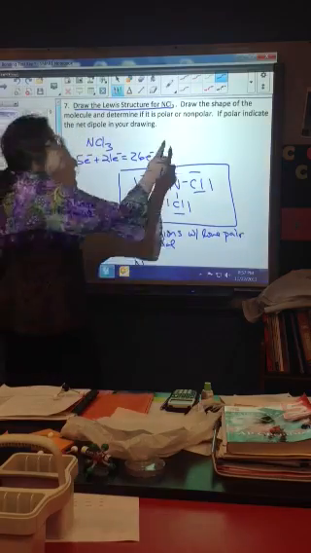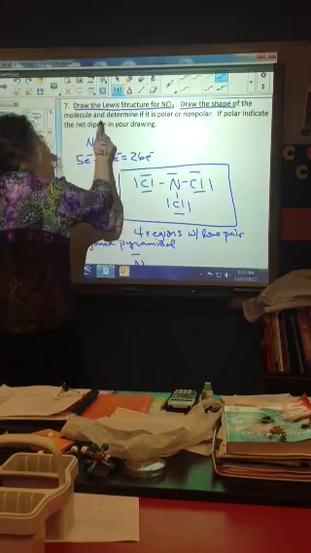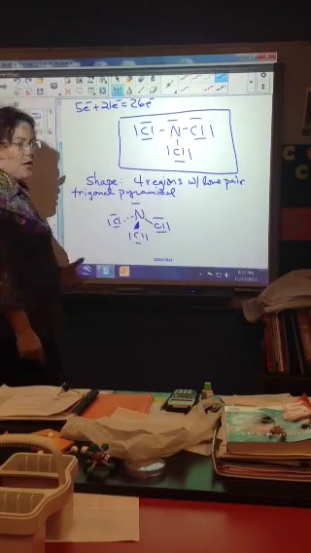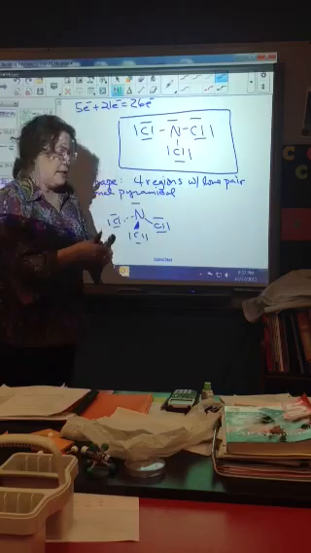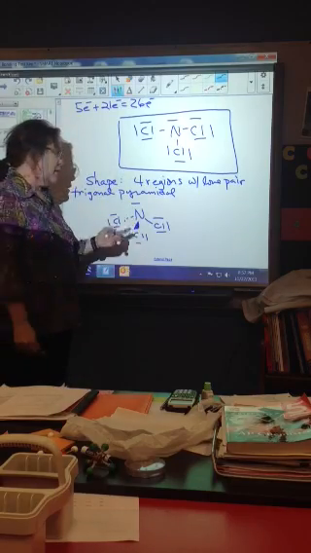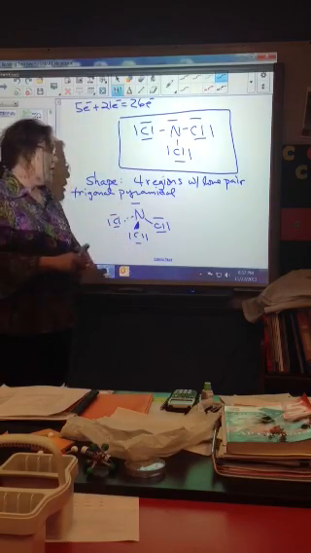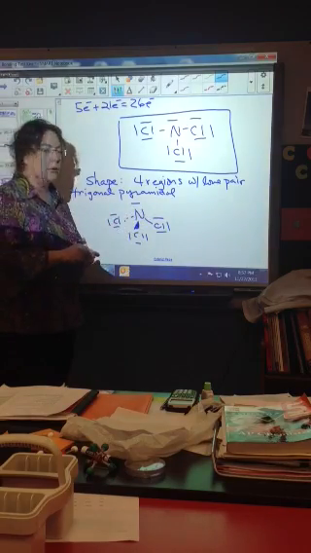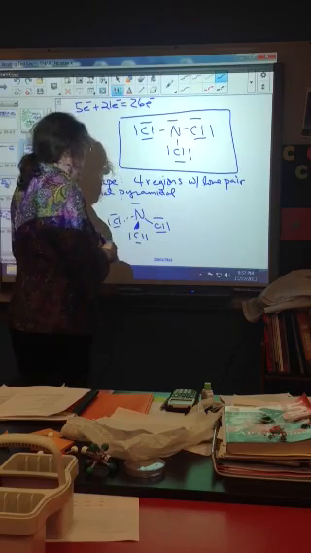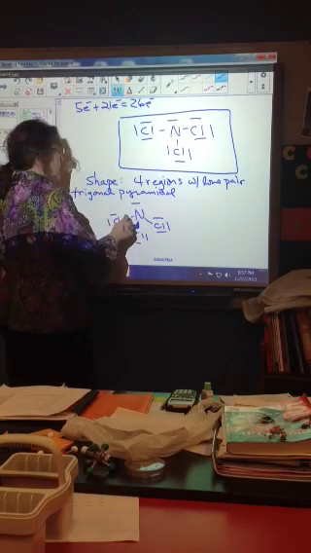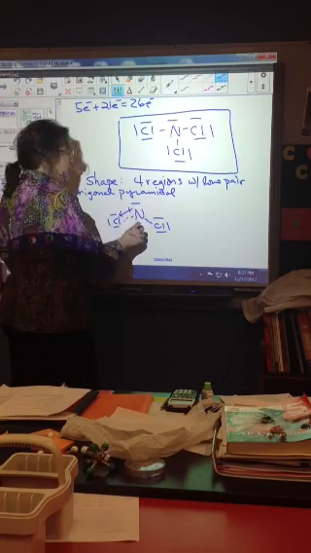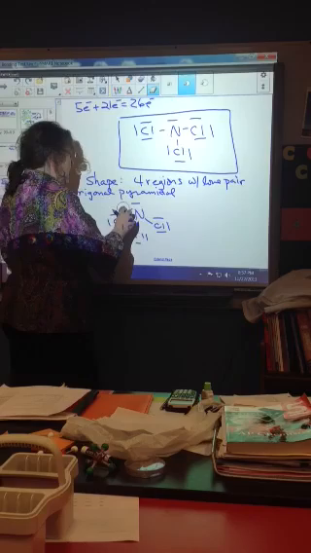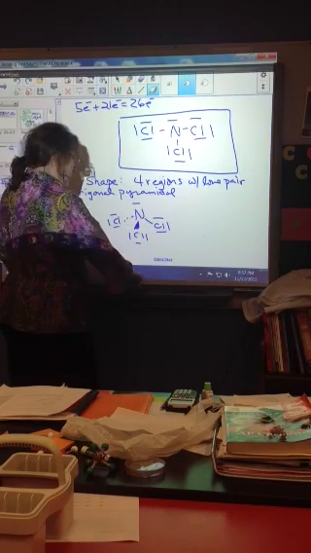We had to draw the shape and determine if it's polar or non-polar. Well, the shape does help me determine that because I can see which way the bonds point. Now, nitrogen and chlorine are very close, so you just got a point if you drew a dipole in either direction. There's not a big dipole here, so I don't really want to draw that on my Lewis structure.